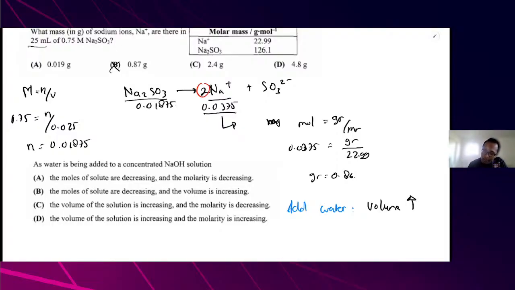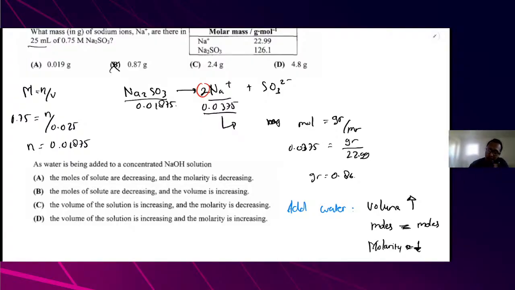And remember, the amount of solute in your sample will stay the same. The moles stay the same. But since the solute is spread out in more water, the molarity is decreasing. Remember, volume increases, molarity decreases, and moles stay the same.